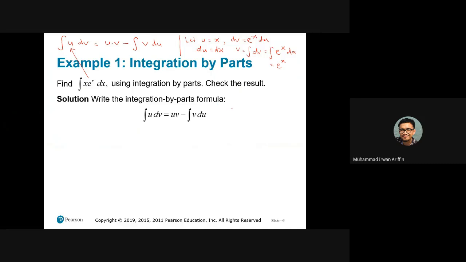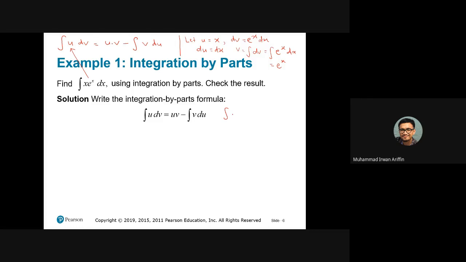So if we rewrite this, it's going to be u dv, right? We have already basically rewritten all this. So let me just collect all this information.